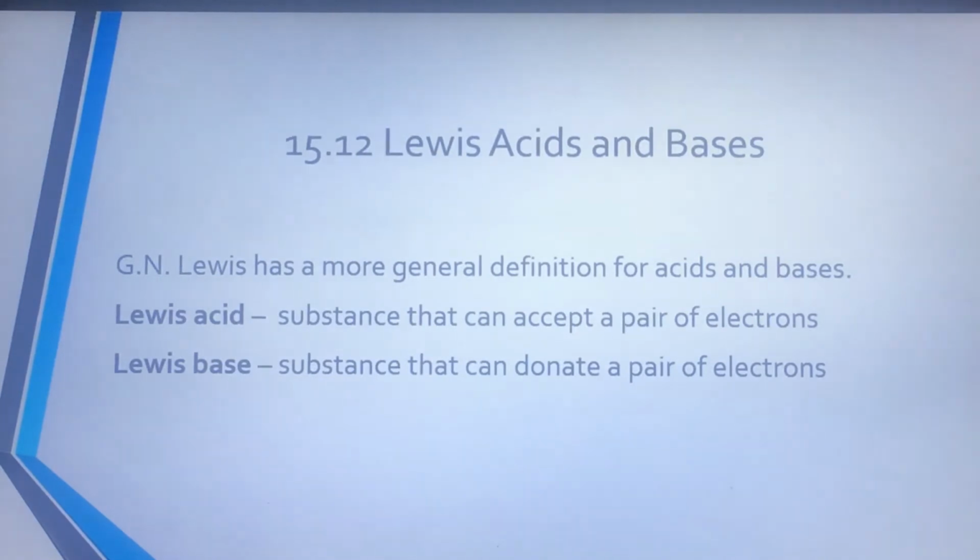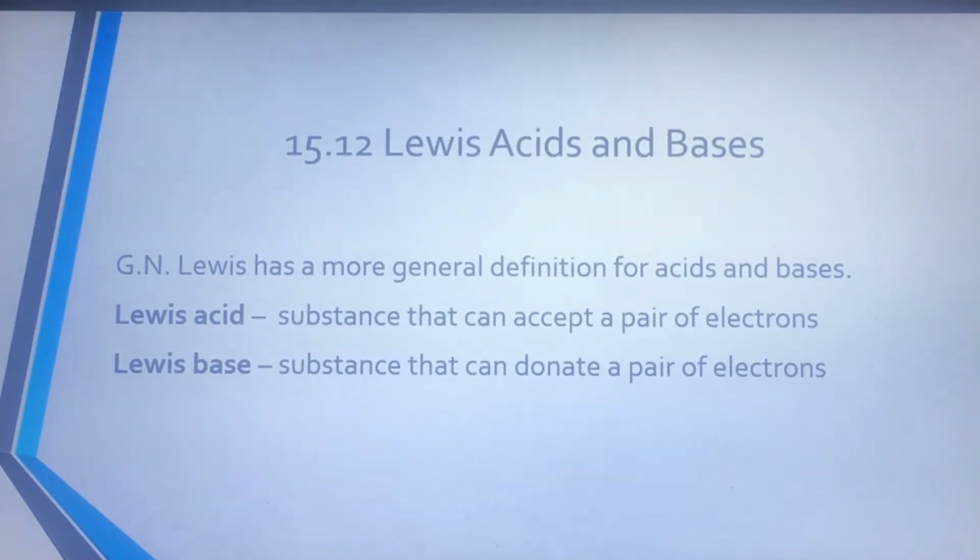Lewis has a more general definition for these acids and bases. When we say Lewis acid, they are the substances that can accept a pair of electrons. As we all know from the Lewis dot symbol, as well as other contributions by Lewis, he was more focused on the electrons inside the atom: how does the number of electrons change in the atom in a chemical reaction?